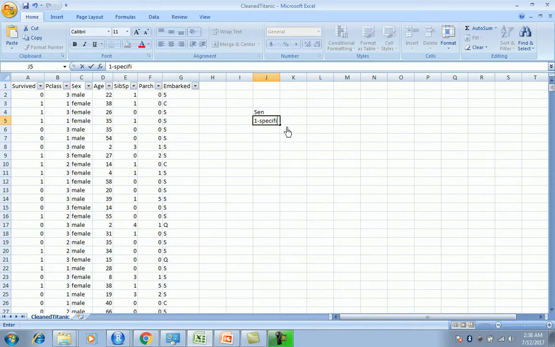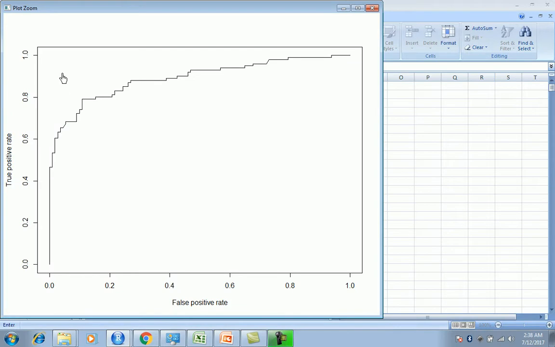So in the case that I have a high sensitivity and a high specificity, this becomes 1 minus 1, this becomes a 0. When this becomes a 0, your graph will look something like this. The value will be somewhere here on the leftmost tip. In that case, you would see the accuracy of your model to be almost 1. That means it's 100%. That's a very high classifying model.